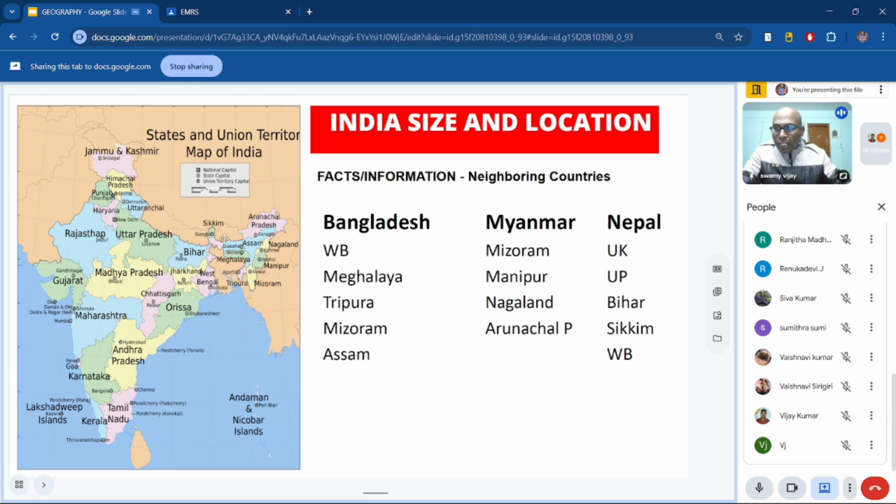So if you see the India map here, you can understand the states. West Bengal has a border with Bangladesh. Meghalaya has a border with Bangladesh. Tripura, Mizoram and Assam have borders with Bangladesh, and Myanmar borders Mizoram, Manipur, Nagaland and Arunachal Pradesh. Okay, so shall I move to the next slide?